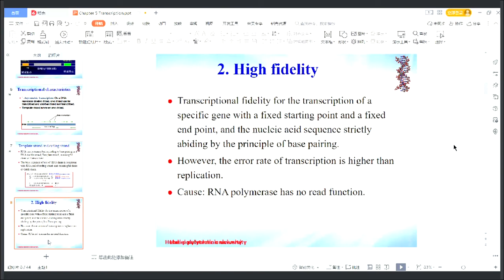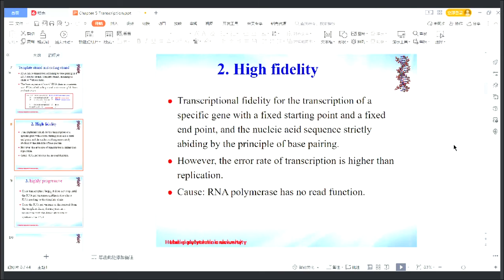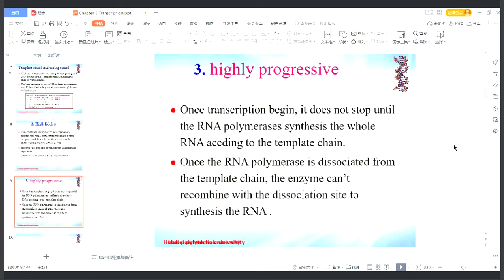If the transcription runs, the nucleotides are added into the RNA by the polymerase, and the process continues until it is finished. The third property is highly progressive.